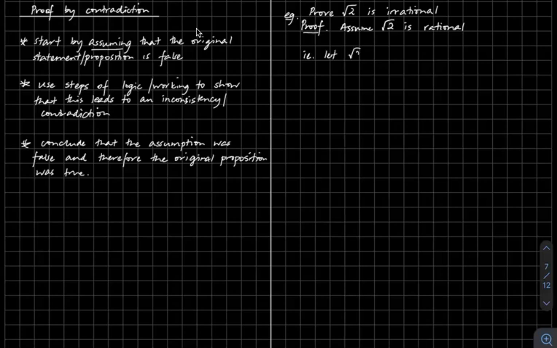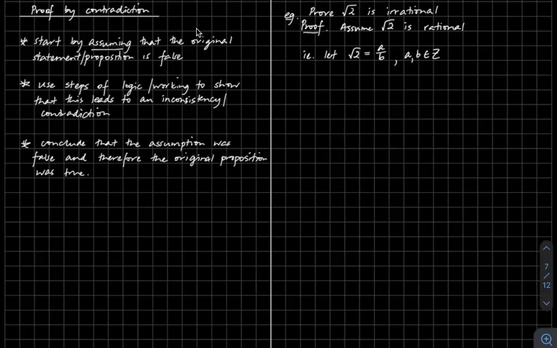So let's set up our definition for a rational number. If root 2 was rational, then we'd be able to write it as the ratio of two integers. That's the definition of a rational number. So a over b, where a and b are integers, members of the set of integers.